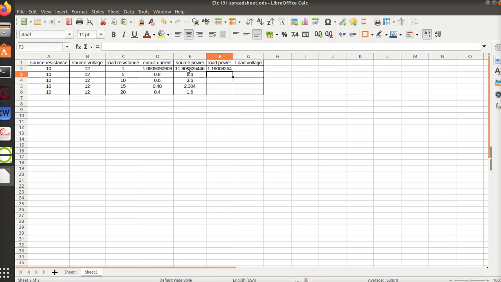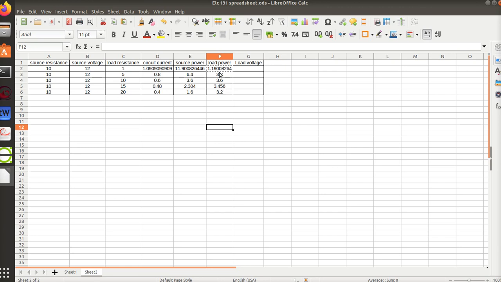And so you see that this is 10 times this load power. Then I'm going to copy, Control C, paste, which is Control V as in victory. And what you see is that my power starts low, it goes up, but then look at here at the bottom, it's actually going back down.